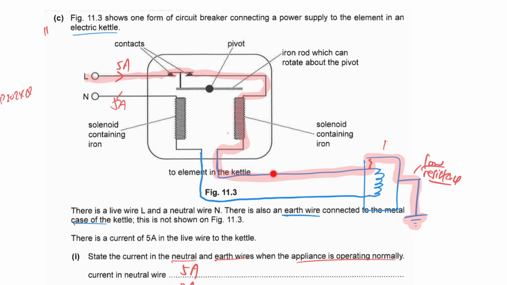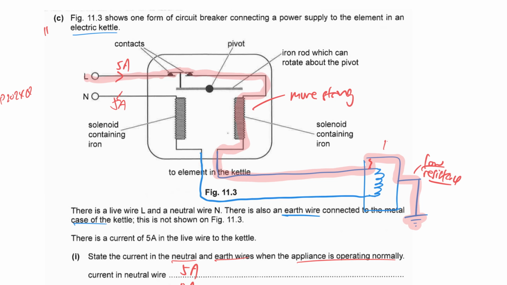So you can see over here, the current is flowing through this solenoid when the fault occurs, and there's no current flowing through this left side of the solenoid. If you understand that, you should mention that when the short circuit current flows through, the current is very high, this solenoid will be more strongly magnetized.